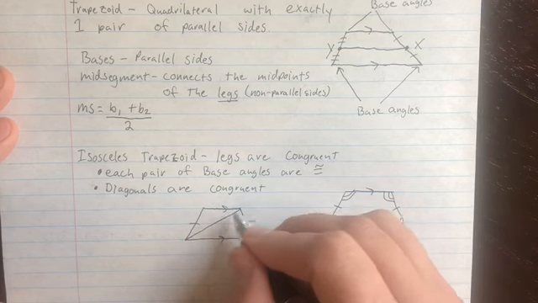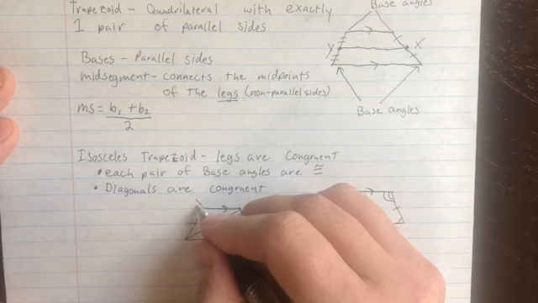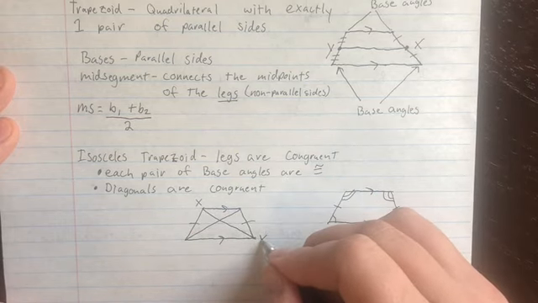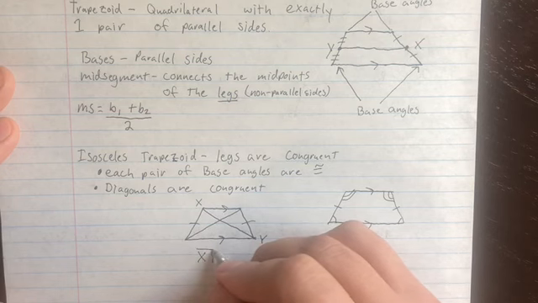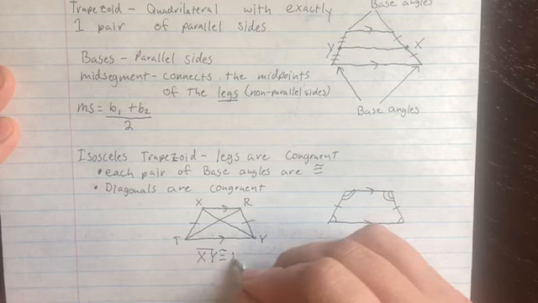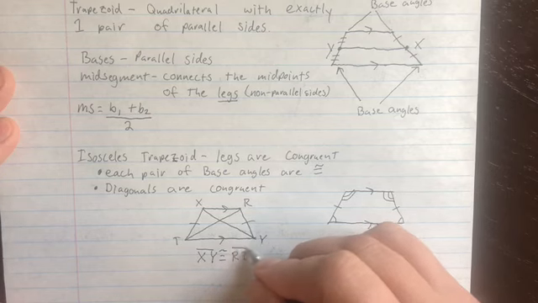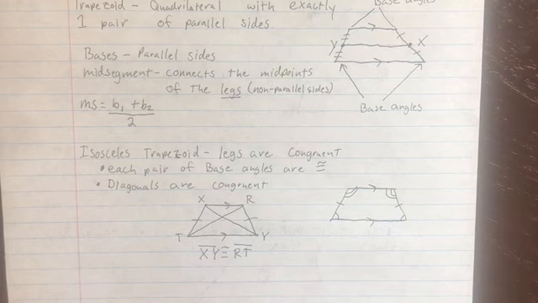The diagonals are the same length. So XY is congruent to RT. And that's all the properties for our isosceles trapezoids.